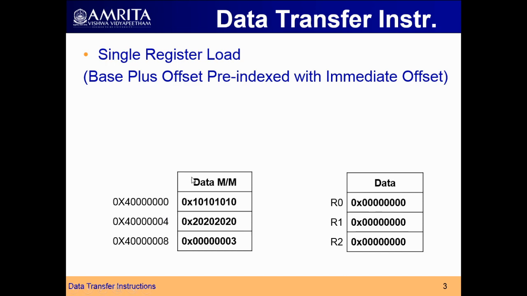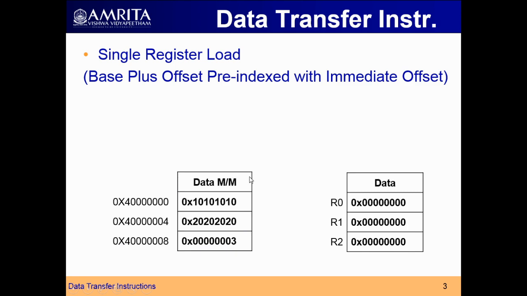In this data memory, at location 4000 you have the data 0x10101010. In the next memory location, 4004, you have another word of data, 0x20202020. In the next memory location, you have 0x30303030.